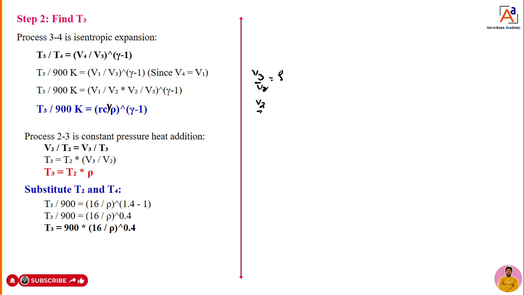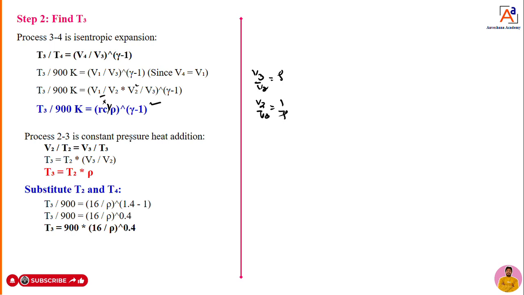So V2 by V3 is equal to 1 by rho. So here V2 by V3 is there. What is the value of V2 by V3? That is 1 by rho. So hence RC into 1 divided by rho to the power of gamma minus 1. Okay, so now you have to make that correction.